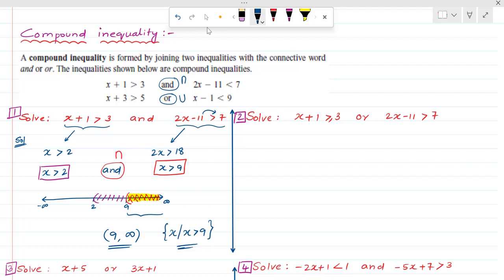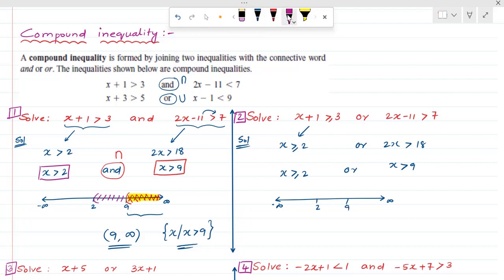First of all, draw the graph so you will get a clear idea about the problem. Same thing I will do here. X, move to the other side, it becomes plus 2, and here x is more than 18 divided by 2, so x is more than 9. Here x is more than or equal to 2. I draw the graph of this inequality with minus infinity and plus infinity, and 2 and 9.